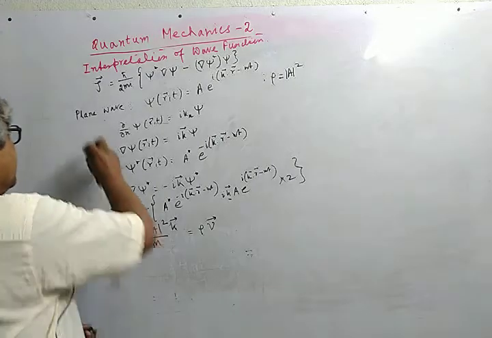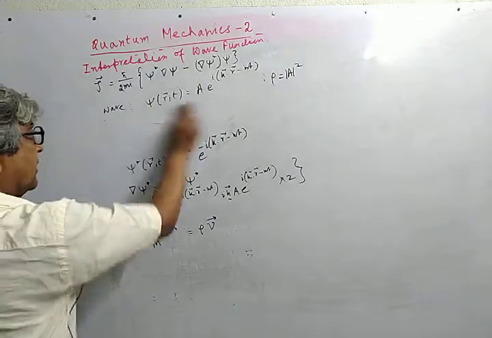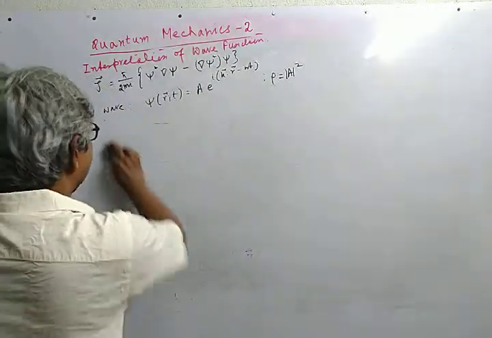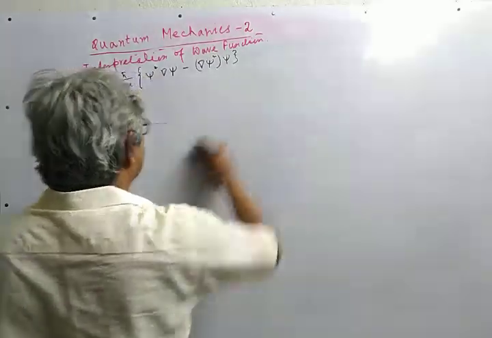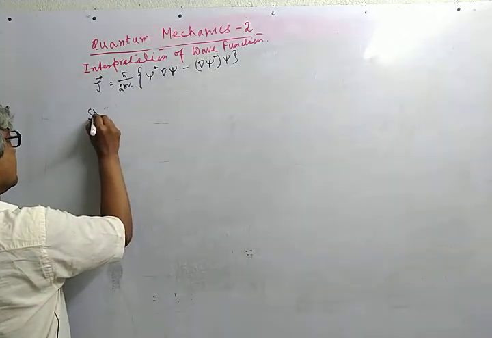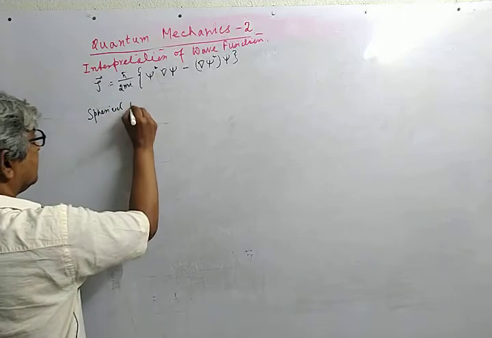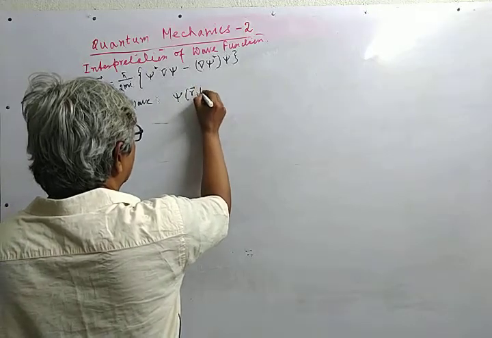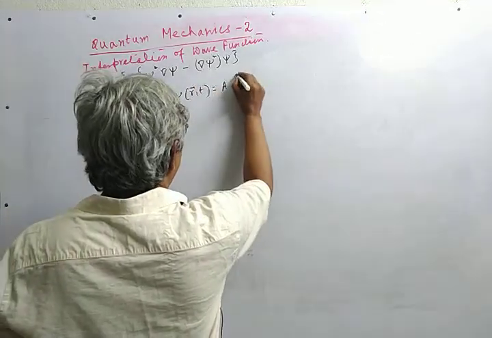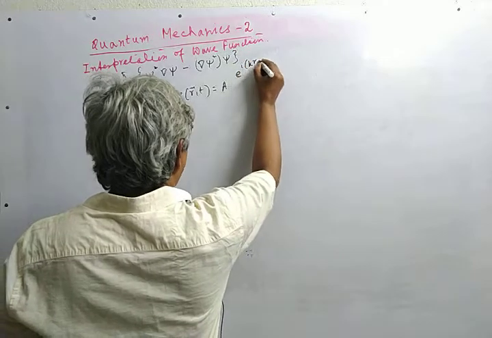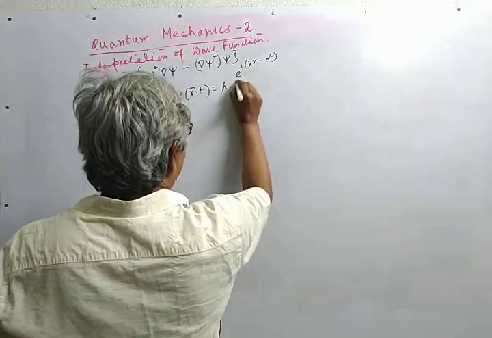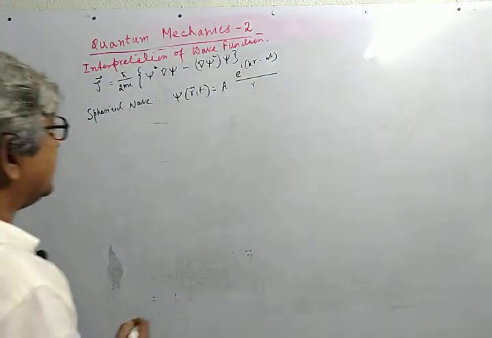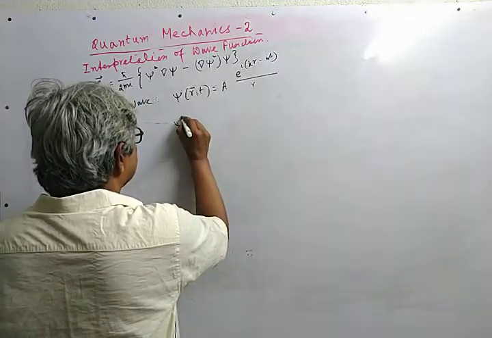Then let's come to the spherical wave. A spherical wave is given by A e to the power i (kr minus omega t) by r. This is the spherical wave. And its complex conjugate is similar.